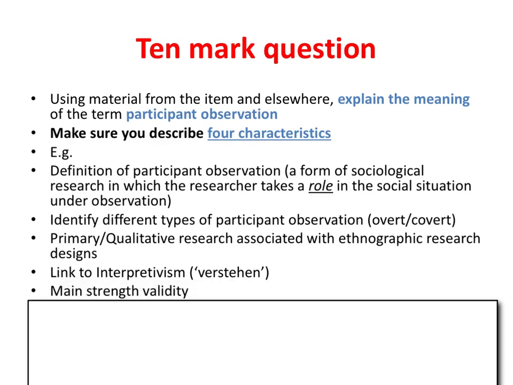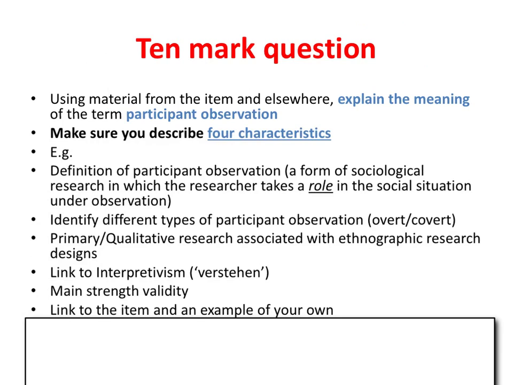We could talk about the key strength of this particular method, which is often seen in terms of its validity. We would also need to link some of these key points to the item, and also give an example of a study that you've learned as part of your revision.